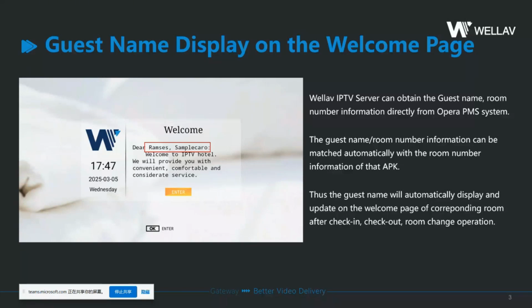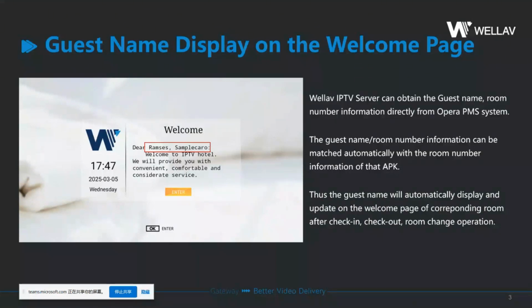In order to achieve guest name display and automatic update, for instance when a guest checks in, checks out, or changes a room, on the IPTV system, when you open the TV set, it needs to automatically display and update the guest name information on the welcome page, for a better user experience for the hotel. So this is very important for the integration between the IPTV system and the Opera PMS.